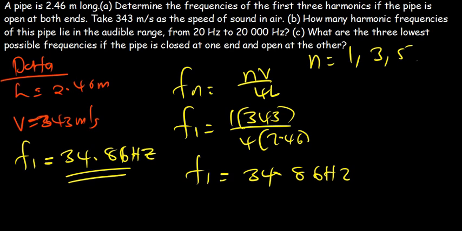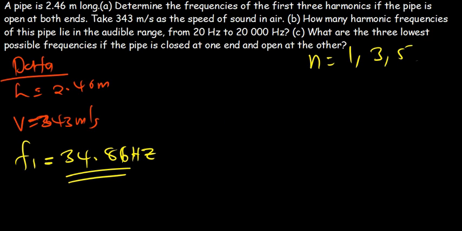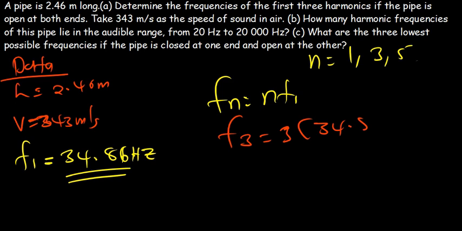Now we said that if you have the first one, then you can use the simple formula Fn is equal to nF1. So the second one will be the third harmonic in this case. So it will be 3 times 34.86. The third harmonic will be this times 3, which is 104.58, so I can just say 104.57 hertz.